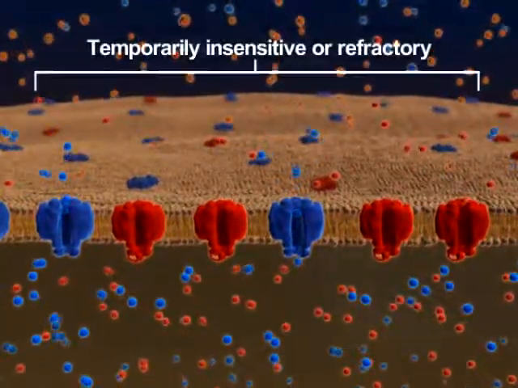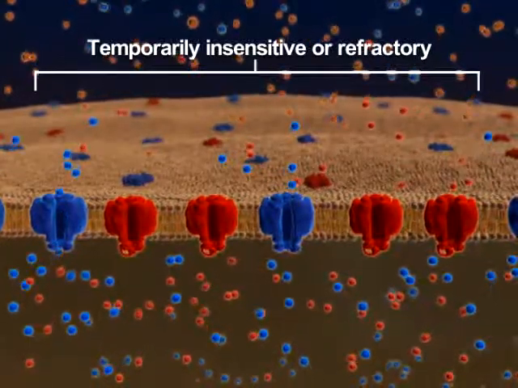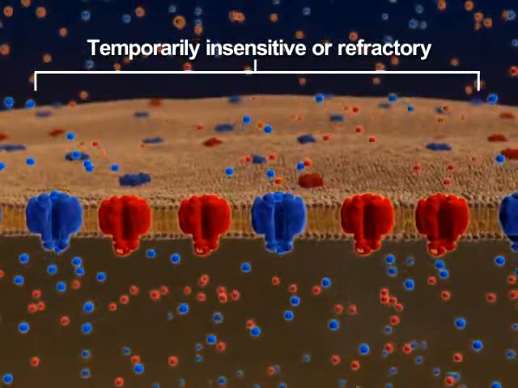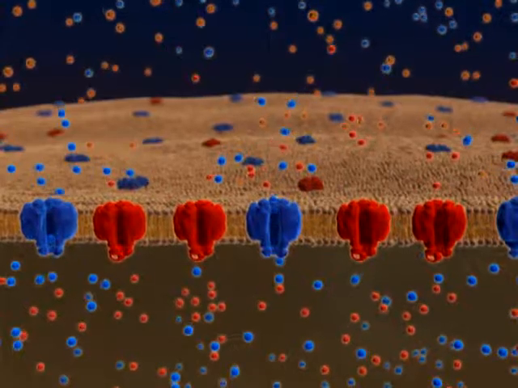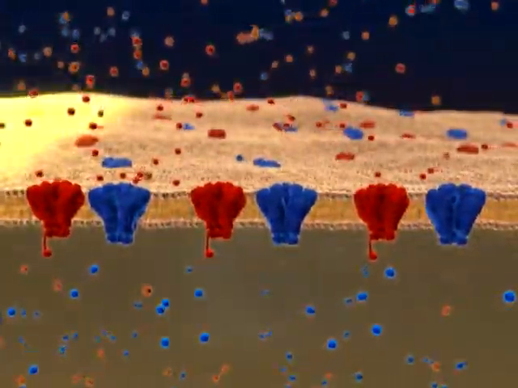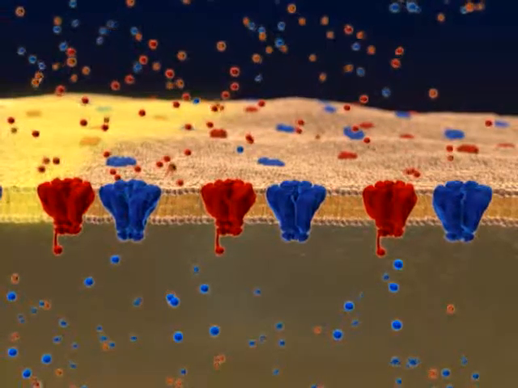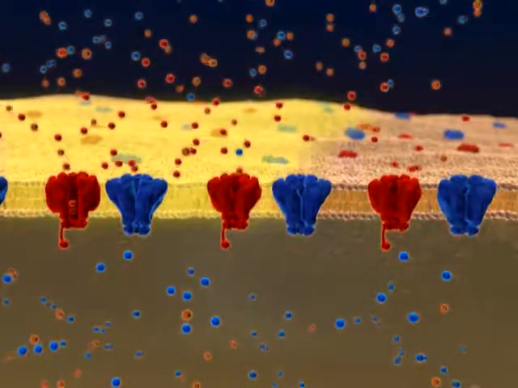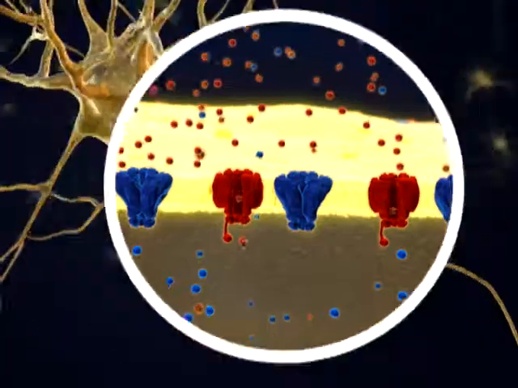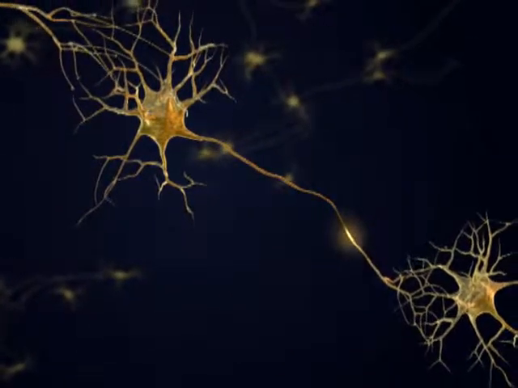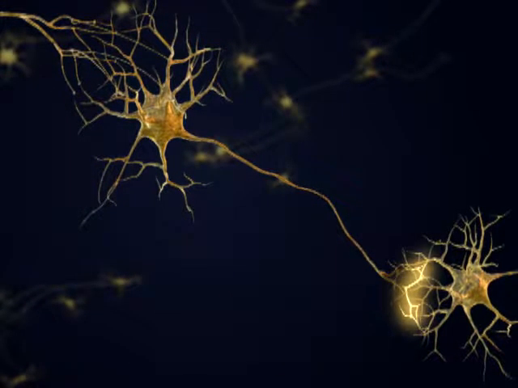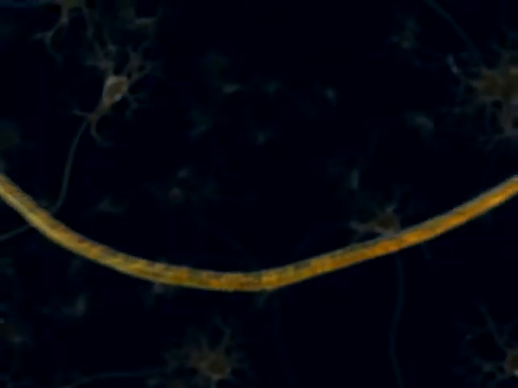These two events render this segment of the axon temporarily insensitive, or refractory, to another depolarizing stimulus. However, voltage-gated sodium channels in the downstream segment are closed and receptive to a depolarizing stimulus. Thus, propagation occurs sequentially down the axon to the axon terminals.